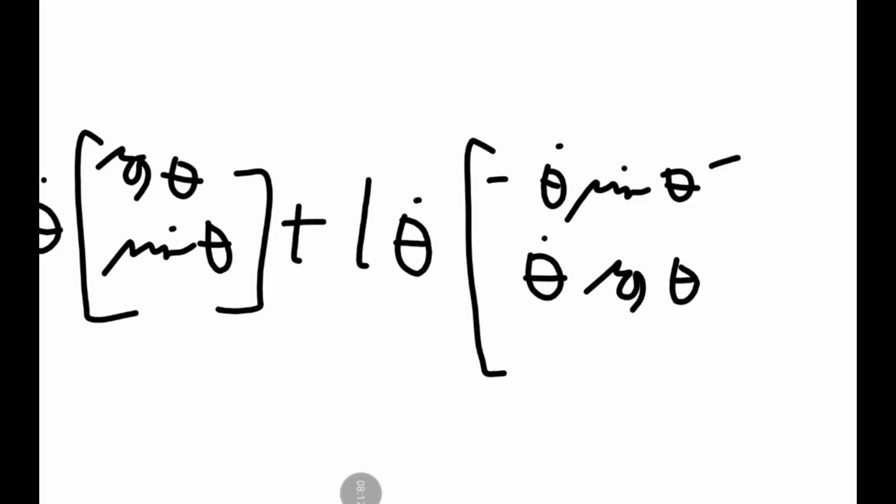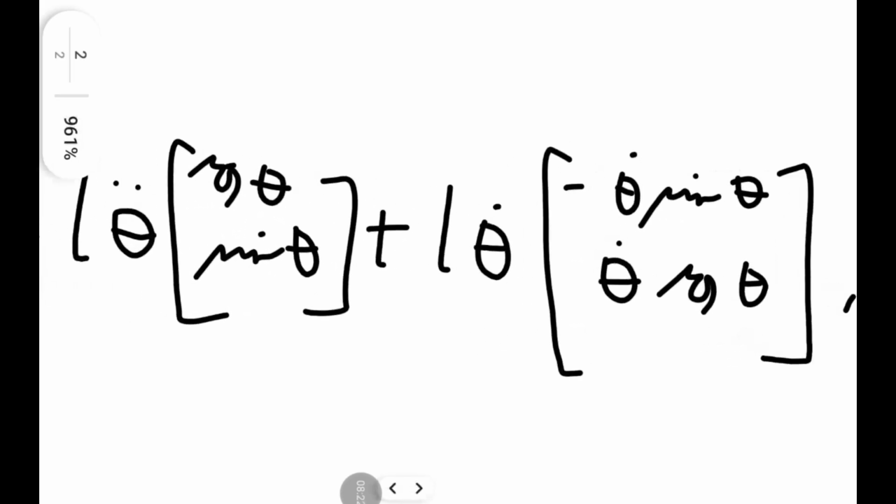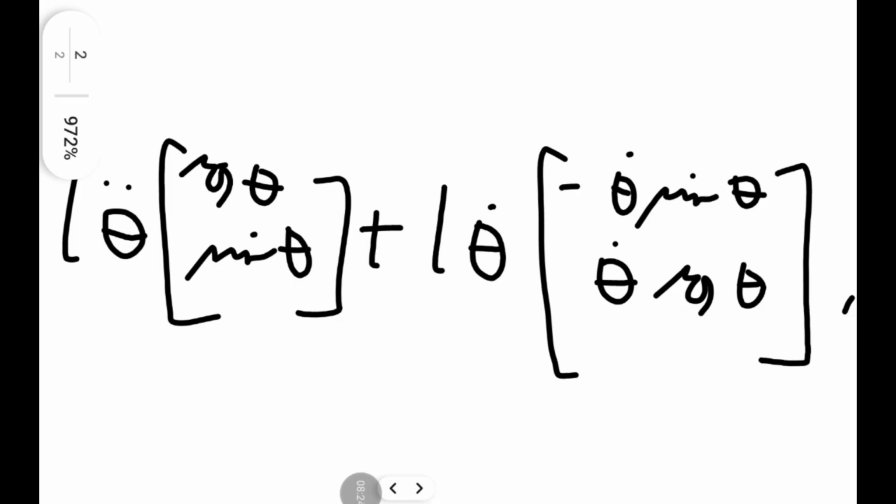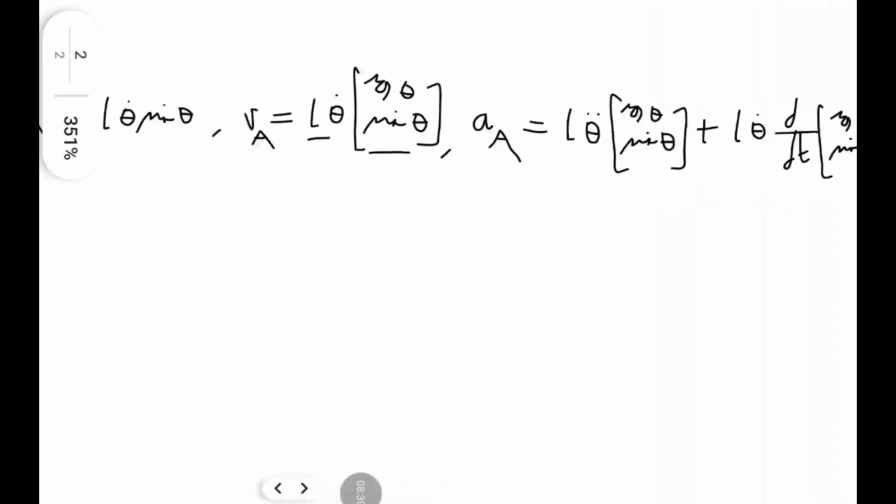Again, that's the chain rule. So you've got the expression now for the acceleration of point A. The derivative of cosine of theta is just negative sine of theta, but with respect to t, you do the chain rule, theta dot, same for the sine part. And that can be simplified.